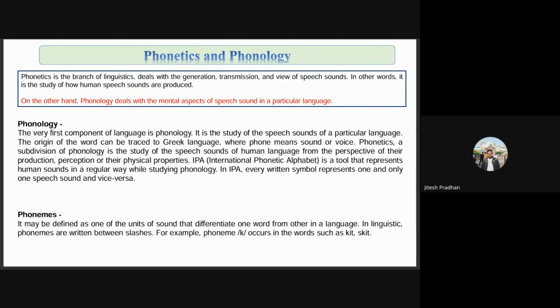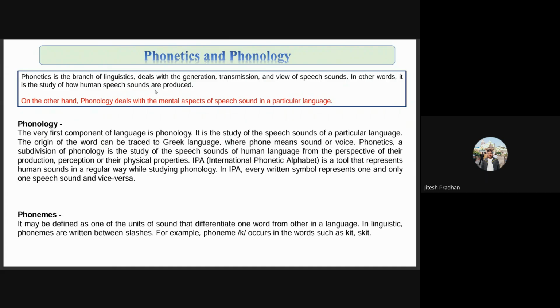Phonetics is the study of speech sounds: how sounds are produced, transmitted, and heard. Phonetics is a branch of linguistics that deals with the generation, transmission, and reception of speech sounds. In other words, it is the study of how human speech sounds are produced.